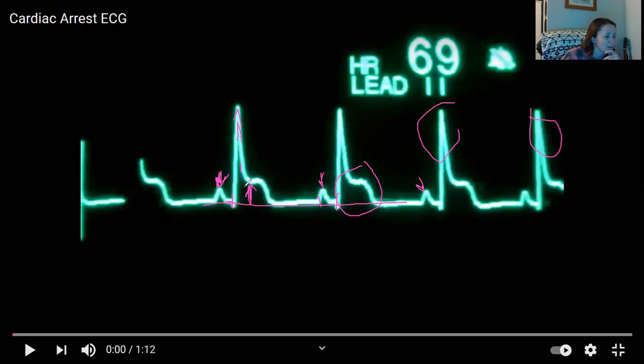This QRS complex is not returning to the isoelectric line. This is the T wave right here. So this is ST elevation. Can you guess what the next two letters are? STEMI. We've got a STEMI going on.